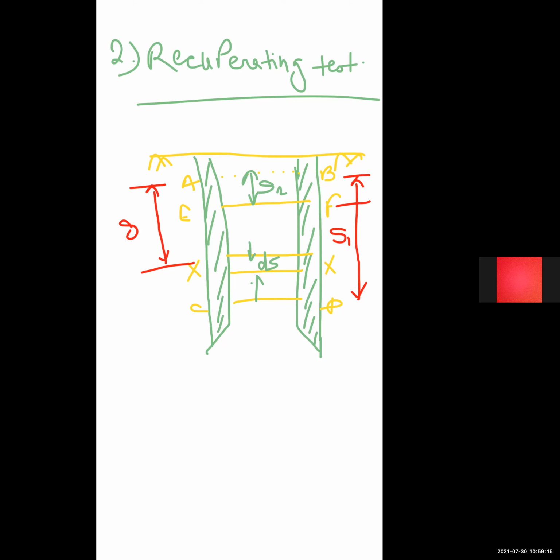Let X be the position of the water level at a time t after the pumping was stopped, and let the corresponding depression head be S.